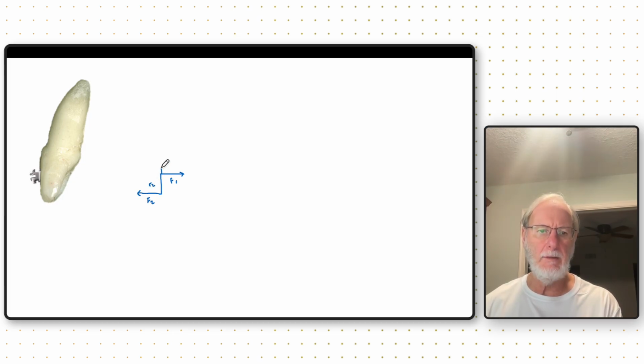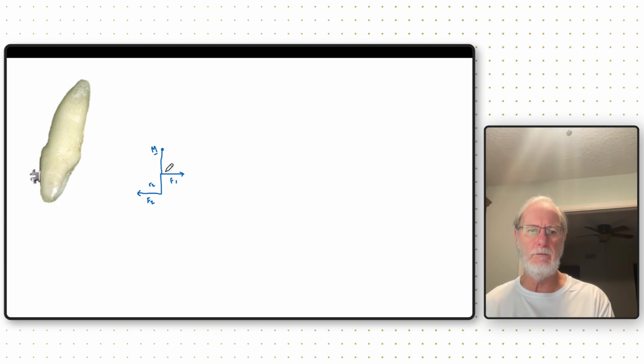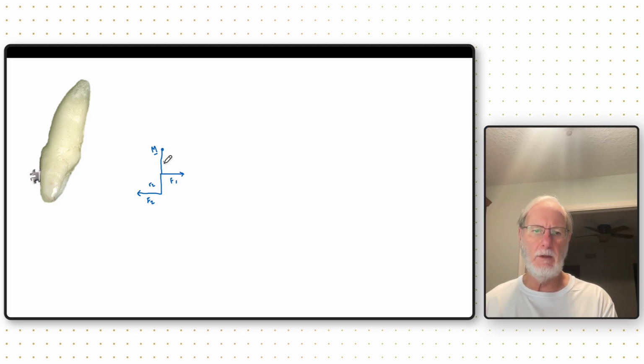Then we'll say, okay, what happens if I put a theoretical point of application here? Let's call this point M. So you can see that you have two moments, and this one will be R1. I do apologize, I forgot this distance.